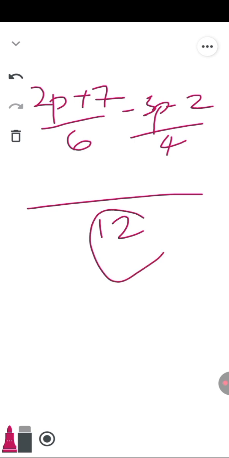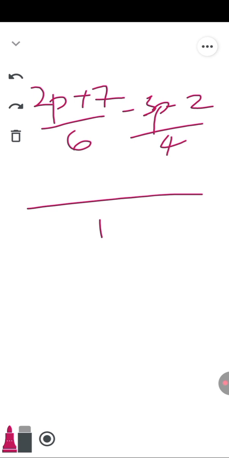So this is the lowest common multiple, LCM, of 6 and 4. Are you getting that now? If you multiply and use 24, it's correct, but it is good to use the lowest common multiple.